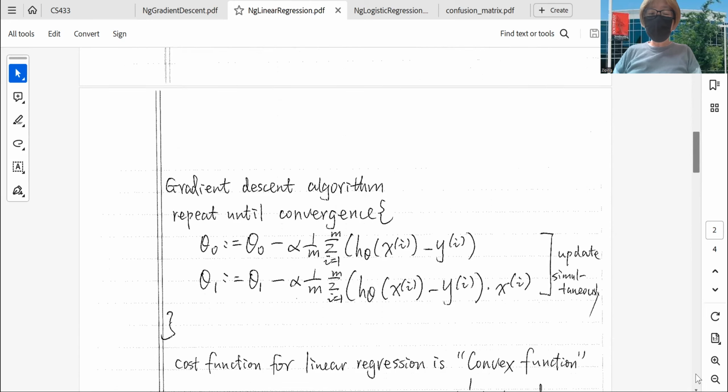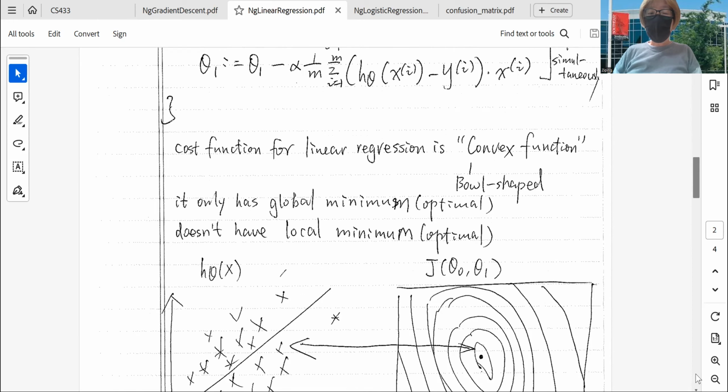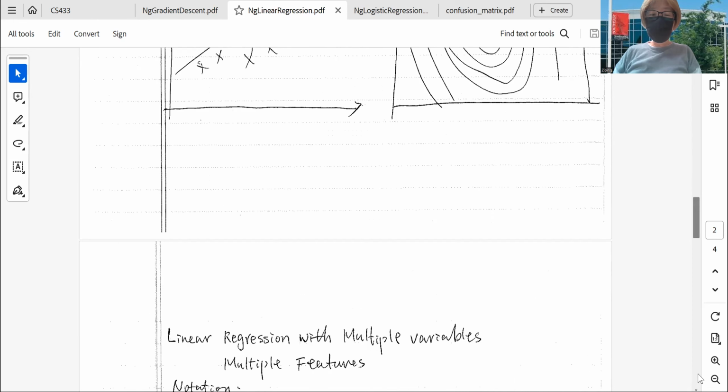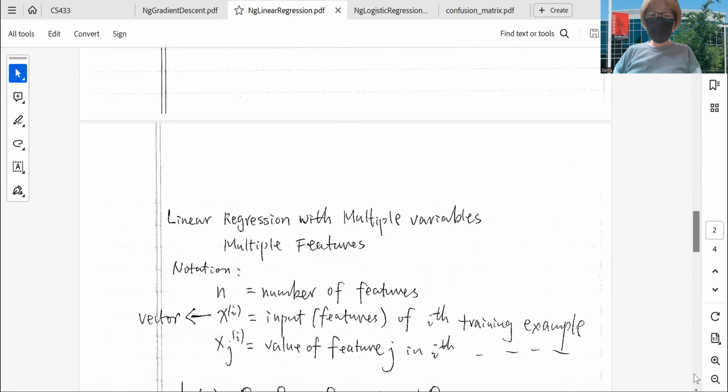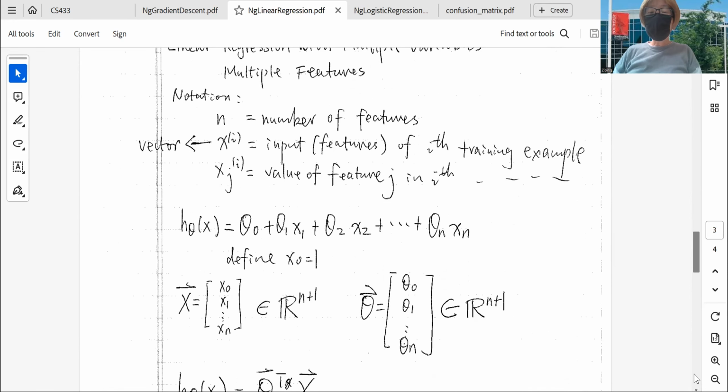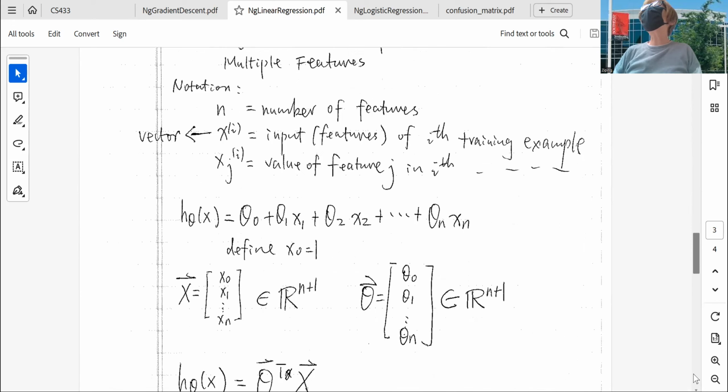So exactly a similar concept as we already learned for linear regression. So linear regression, you can also apply it to multiple features. So similar, okay.